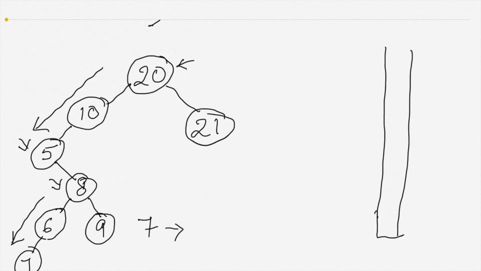Then we will go back to its parent, which is 6. For 6 we will see that it has no right child, so we will visit 6. Then we'll go back to its parent, which is 8. We just processed the whole left subtree of the node with value 8, and now we will process its right subtree, and then we will visit and process the current node, which is node with value 8. So let's process its right subtree now.